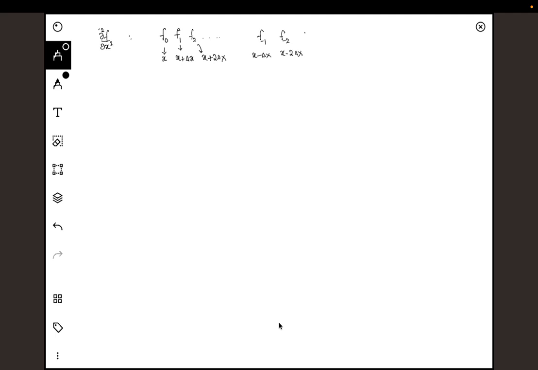So the idea is, if you want a desired level of accuracy, you first write down these terms. f0 will be f of x, f1 is basically f of x plus delta x. You can approximate it again in the same terms and just write f prime, and so on.